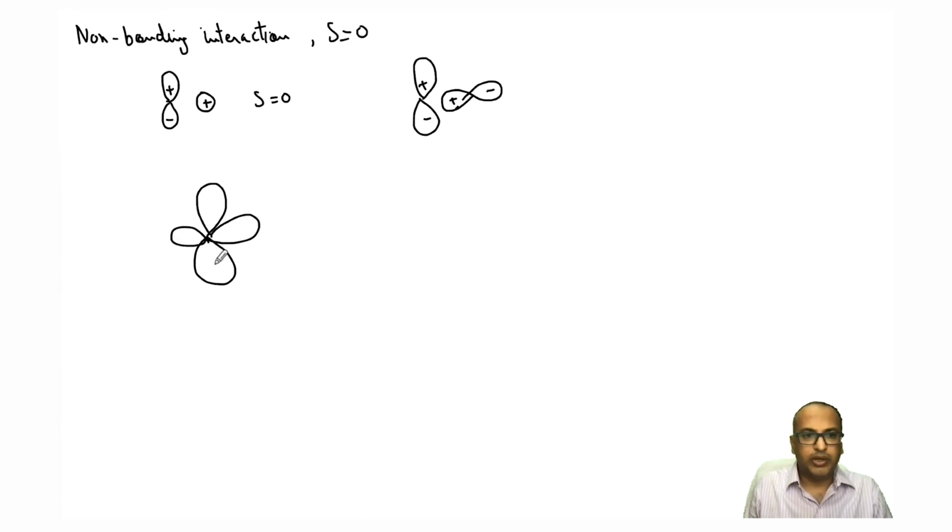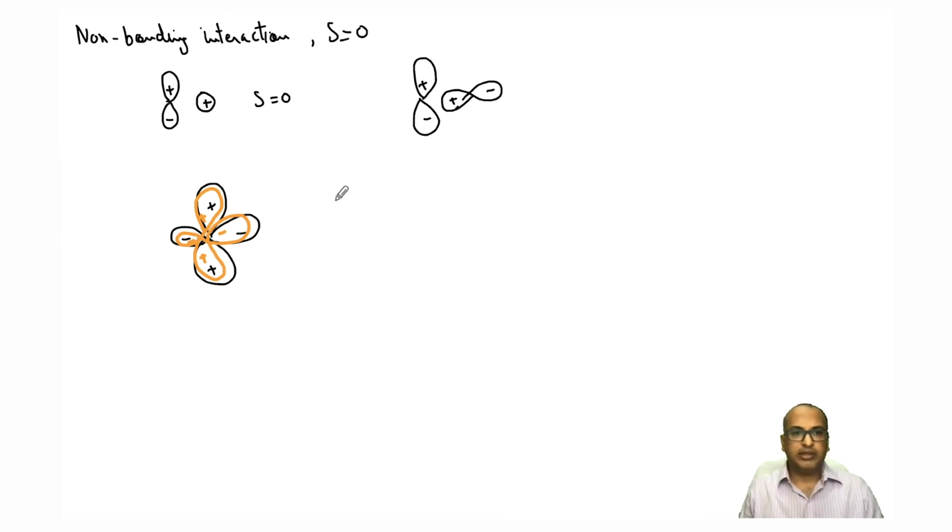Sorry for the bad drawing. So let's say this is my d orbital, and on top of that I have another d orbital with same lobes, something like this. Now those will also have same signs.